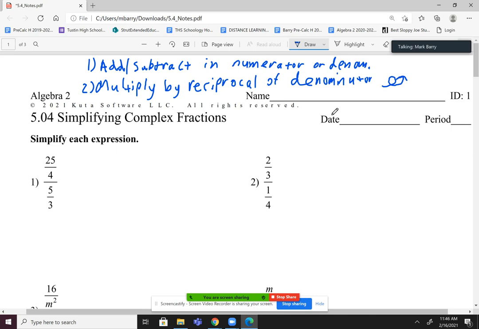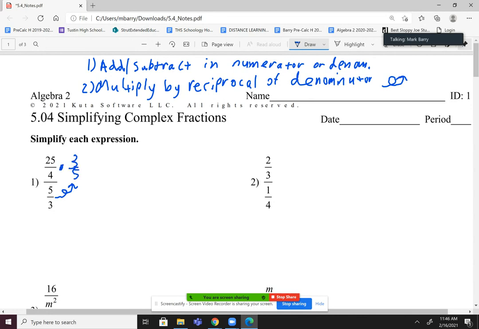All right, so number 1 here then, like I said, there's no addition or subtraction in number 1, so I can go ahead and skip the first step. So I'm going to go on to the second step, which is multiply by the reciprocal of the denominator. So like I said, I like to show this by going like that. I'm going to move this up here, and it turns into multiplication, but I have to flip it upside down.